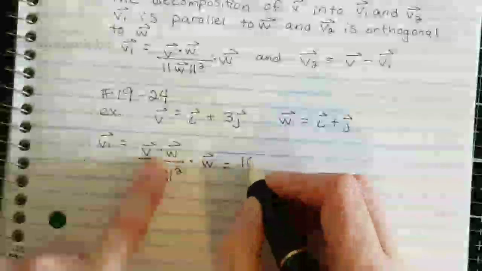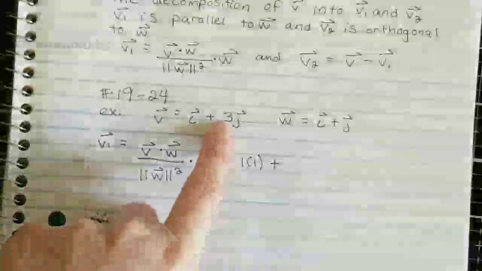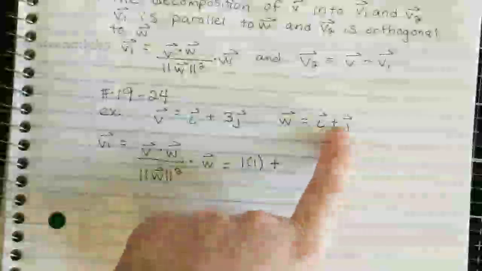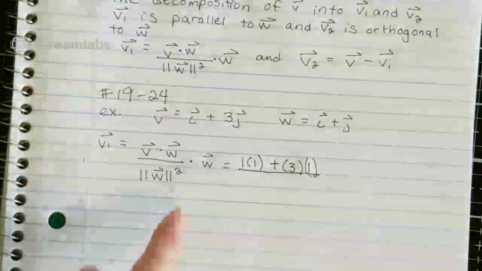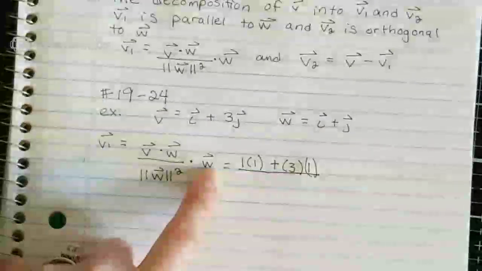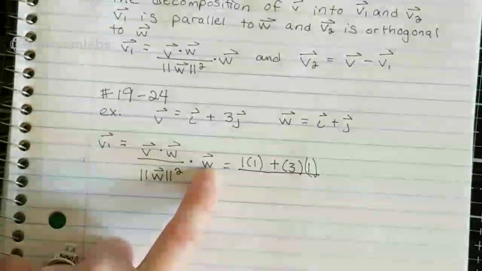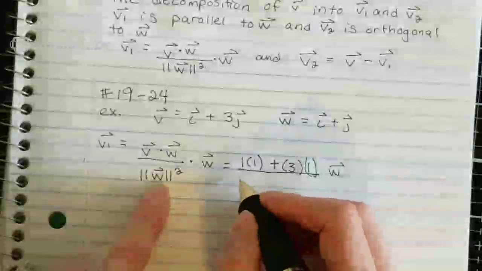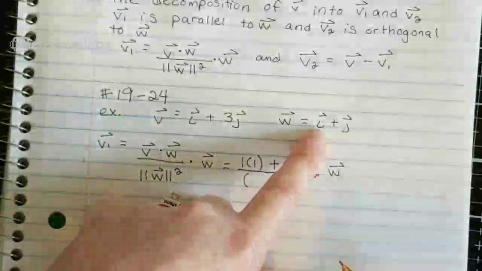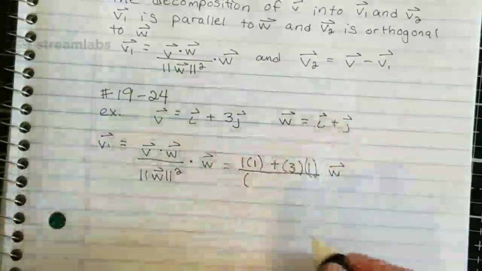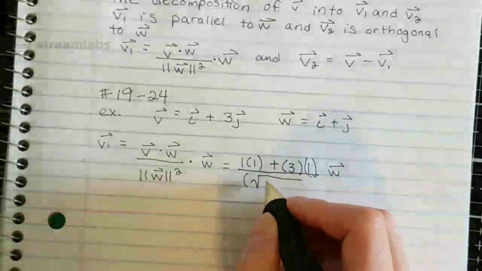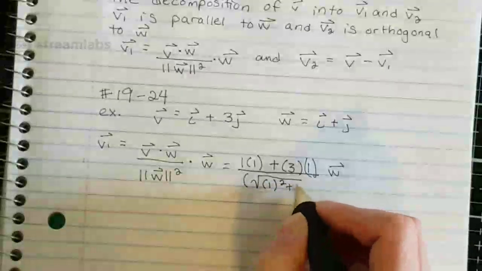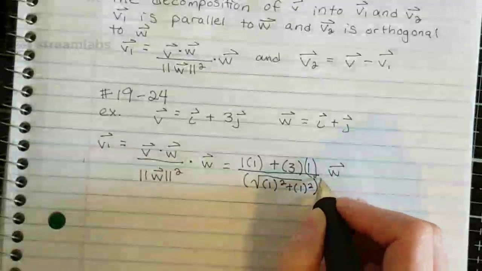So I have 1 times 1 plus 3 times 0. Now this W off here to the side, we just leave that as W because that's magnitude squared. Okay, so W is going to be 1 squared plus 1 squared, so that's the square root of 1 squared plus 1 squared, and then that whole thing squared.